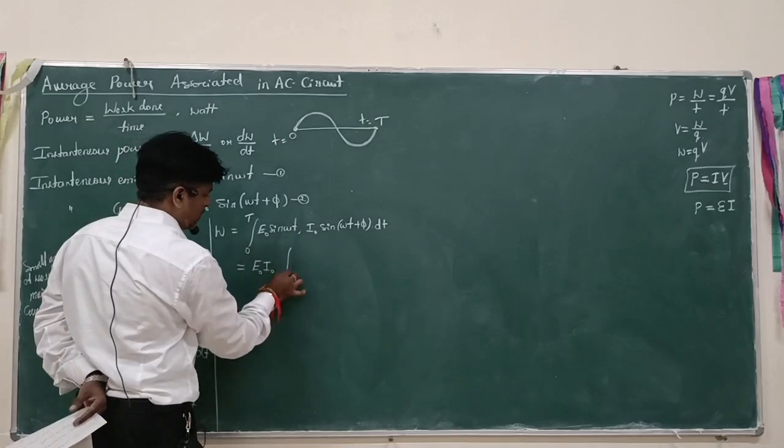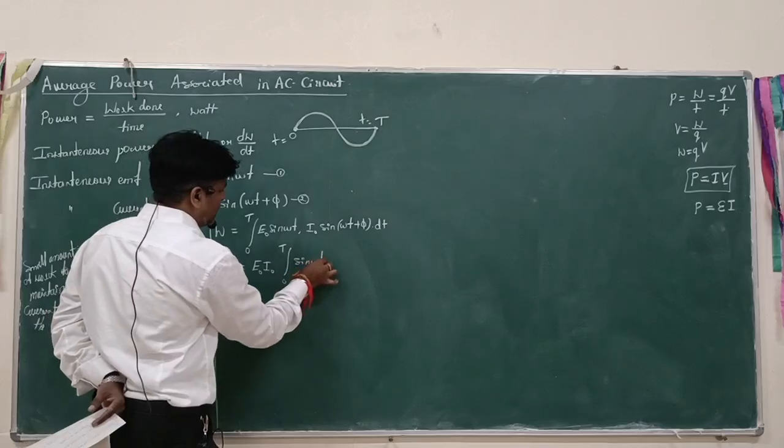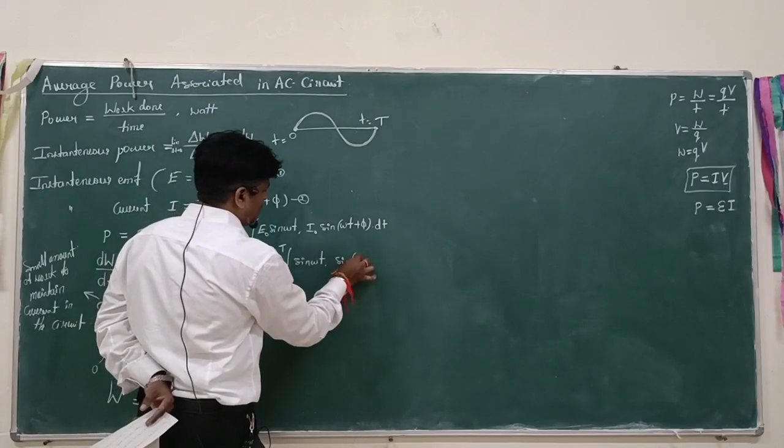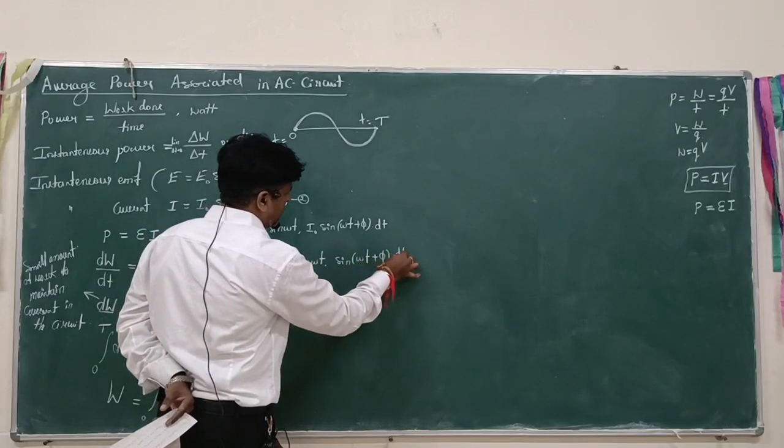integration 0 to T of sin omega t into sin(omega t plus phi) into dt.